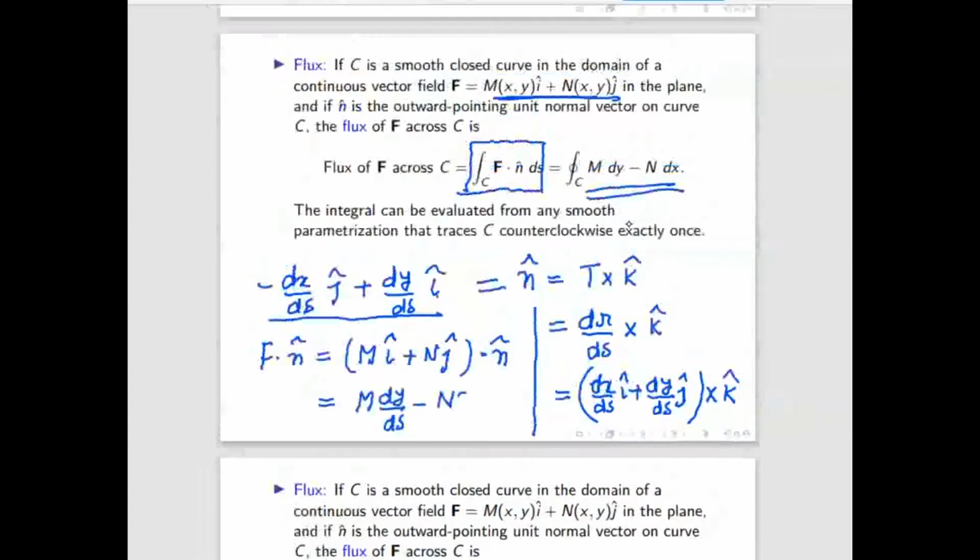Is it okay? So M dy by ds, because i dot i is 1 and j dot j is 1, i dot j is 0. This ds will cancel out. We will get the formula M dy minus N dx. So if flux is to be found in 2 dimensions, always use this formula M dy minus N dx. Or you can do this also, both are the same.